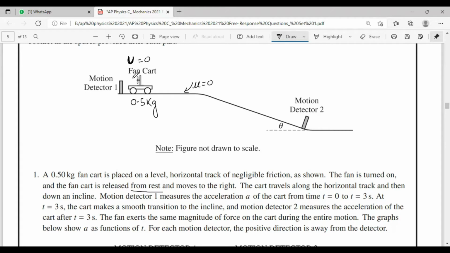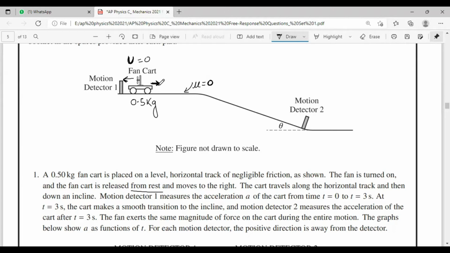So the fan will push the air towards the left and the cart will move towards the right, as the friction is 0. Since there is no frictional force, whatever force is exerted due to the fan, this cart will move for sure, because there is no frictional force.